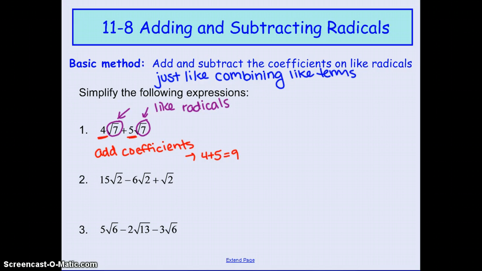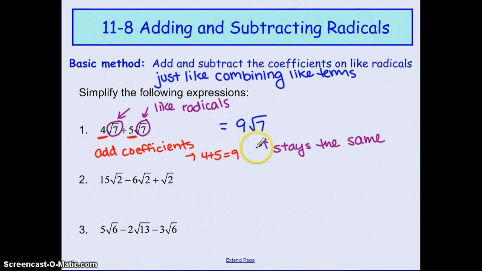So that means that our answer to this problem is going to be 9, and then we're going to keep the same radical. So we're going to have 9 square roots of 7. The like radical is going to stay the same. So add the coefficients, leave the radical the same.